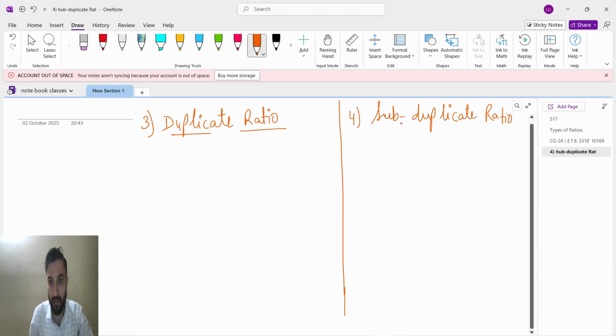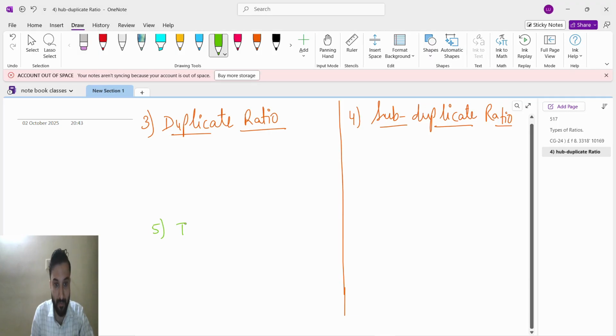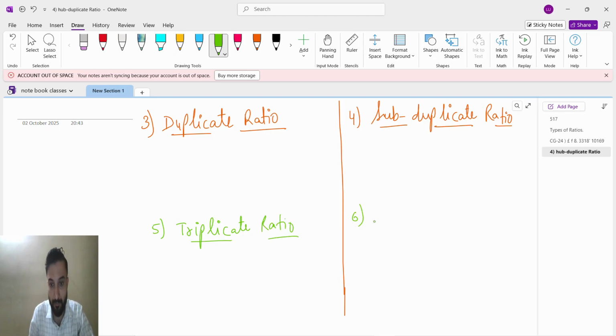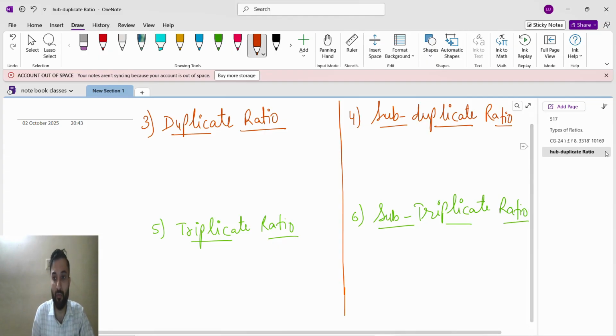Fifth is the triplicate ratio, and sixth is the sub-triplicate ratio. Now these are the last 4 types.